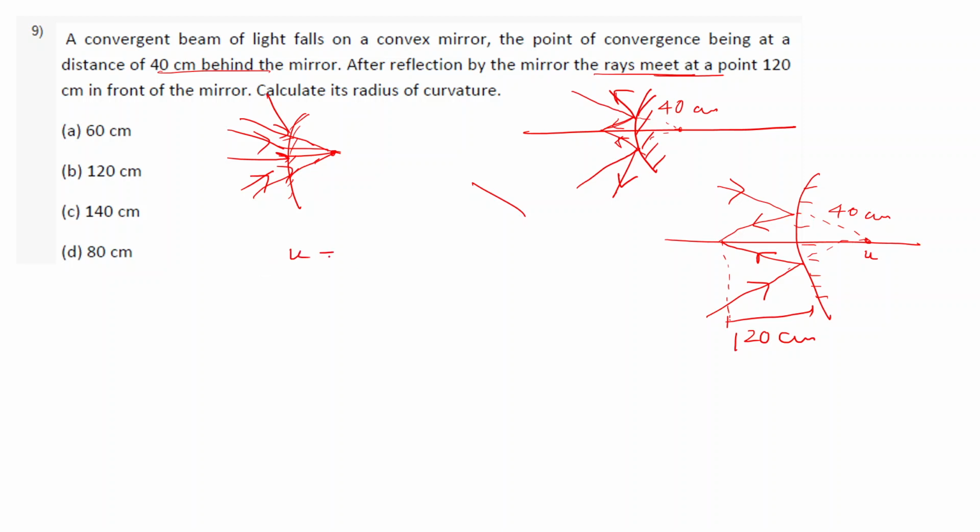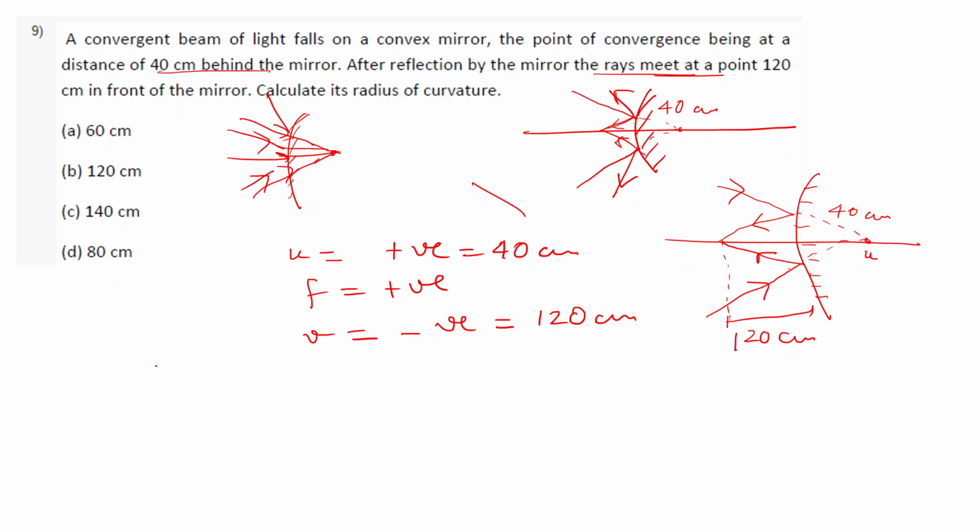So the object distance will be positive, which is 40 centimeter. Focal length is also positive for a convex mirror. Now the image is being formed on this side, so it will be negative, and we have been told that the image is forming at 120 centimeter distance.